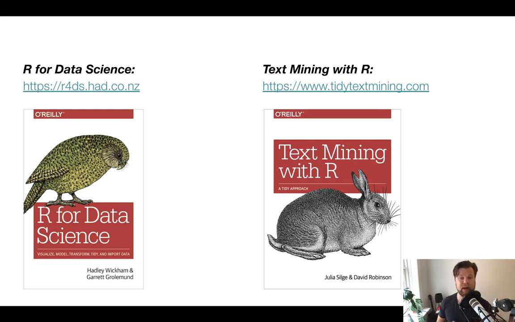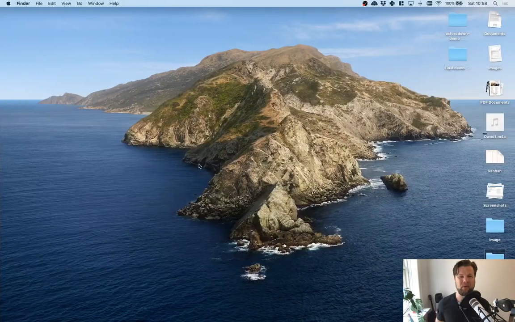And then also Text Mining with R, which is a very, very approachable introduction to using R to do textual analysis, which has an approach that goes hand in hand with what's in R for Data Science. These two books are both amazing, and you can read both of them online for free on the links that you see here. Without further ado, let's just jump into the fun part.